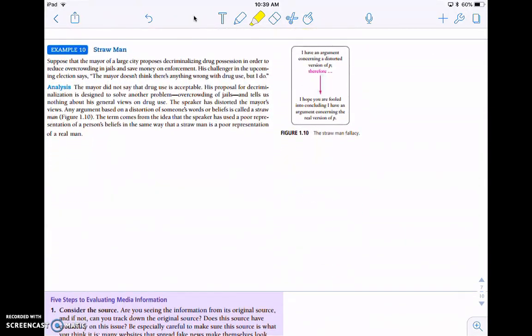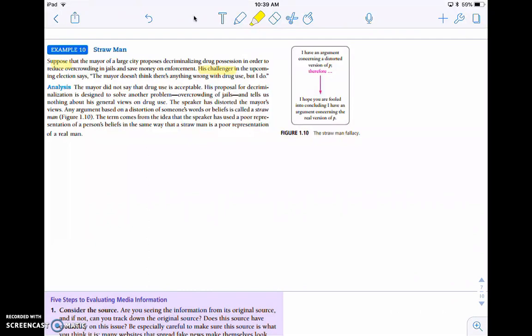Okay, the last one we're going to look at is the straw man. Suppose that the mayor of a large city proposes decriminalizing drug possession in order to reduce overcrowding in jails and save money on enforcement. However, and this usually deals with a couple of individuals or groups, a challenger for mayor in the upcoming election says the mayor doesn't think there's anything wrong with drug use, but I do.